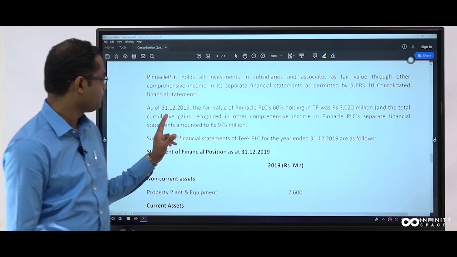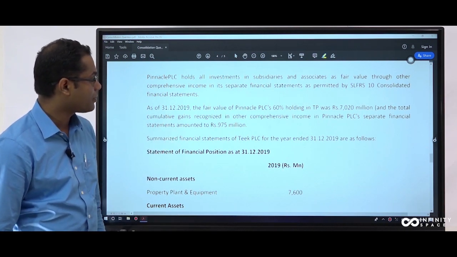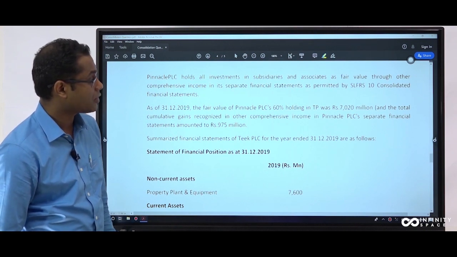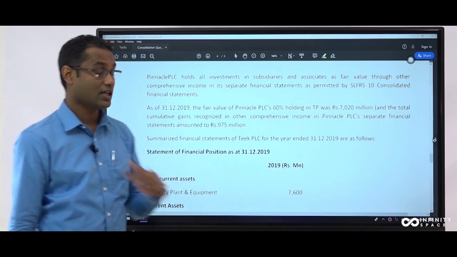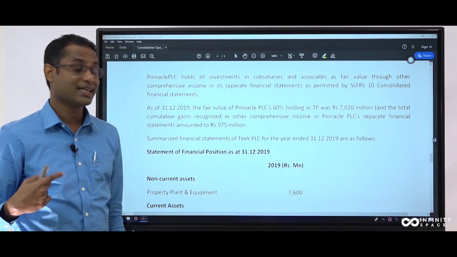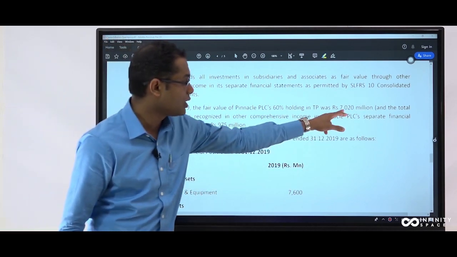Then moving on, 31st December 2019, fair value of Pinnacle PLC's 60% holding in Teak PLC was 7,020. This is what I have mentioned. In the individual financial statements of Pinnacle, the 60% holding in Teak is fair valued as at 31st December 2019 at 7,020.